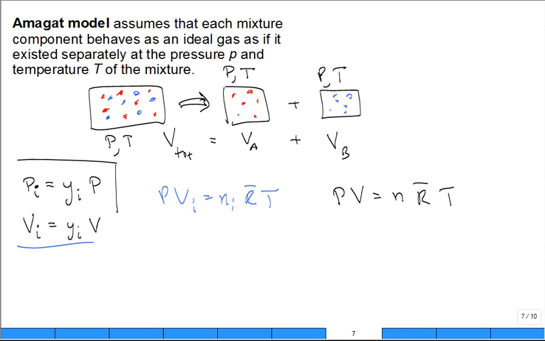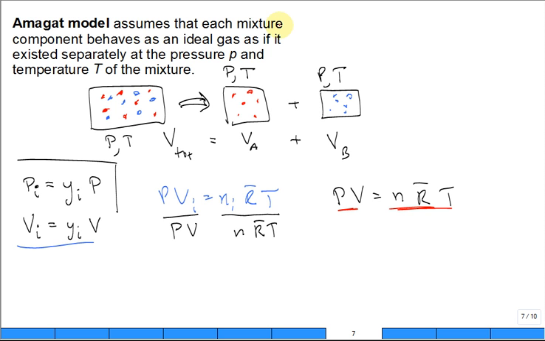So I take the first equation and divide it by PV. And on the right-hand side of the first equation, I divide it by N R bar T. So I divide it by this part, then that part. They're equal parts.